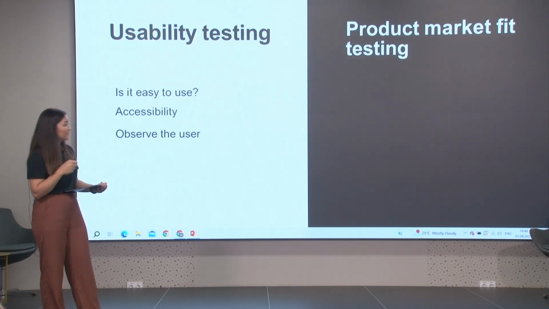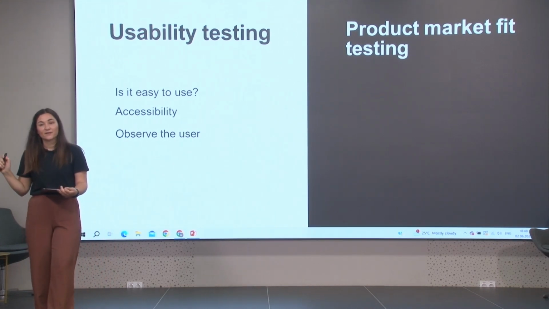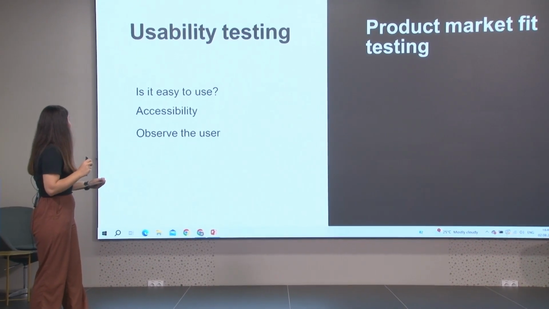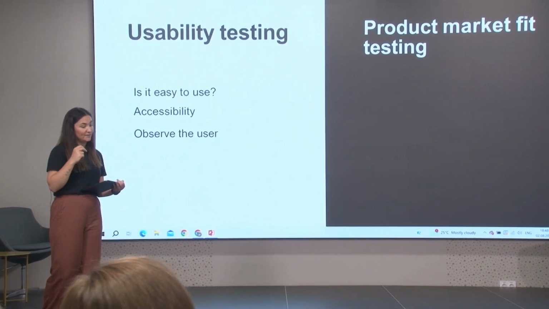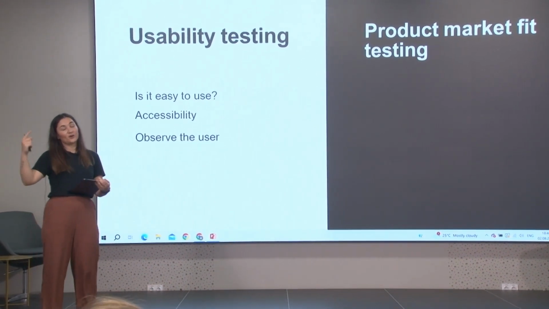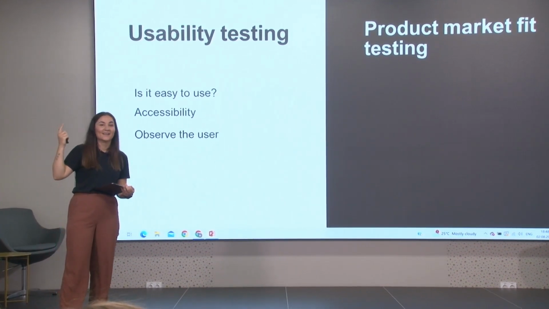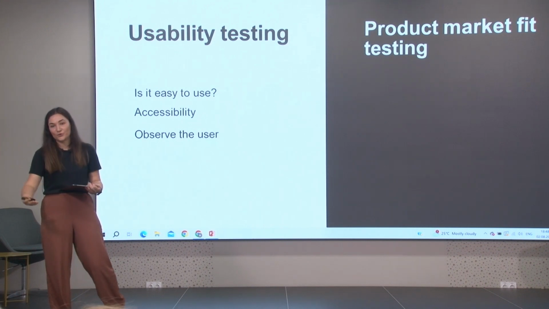A very important step of usability is accessibility. Accessibility is making sure that, and you should really test for this, and by testing I mean test with colorblind people, with busy people, with big thumbs, with ADHD, dyslexia, anything that makes sense for your product.